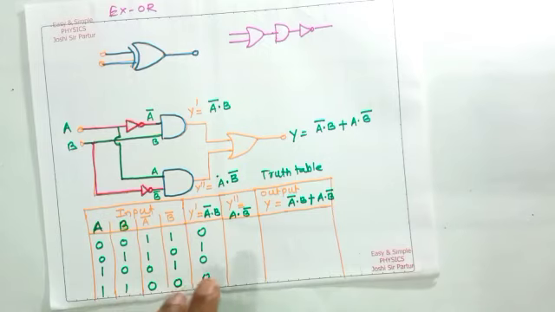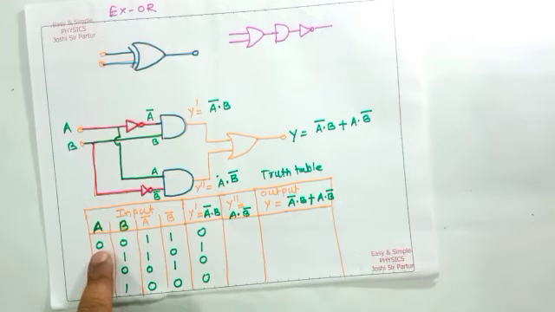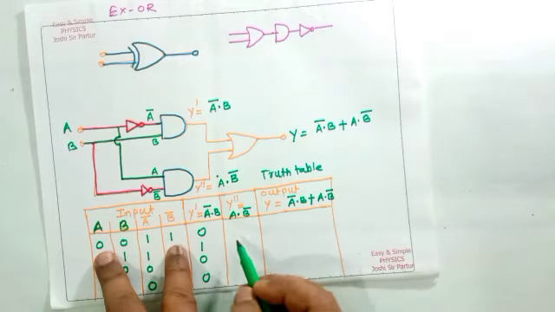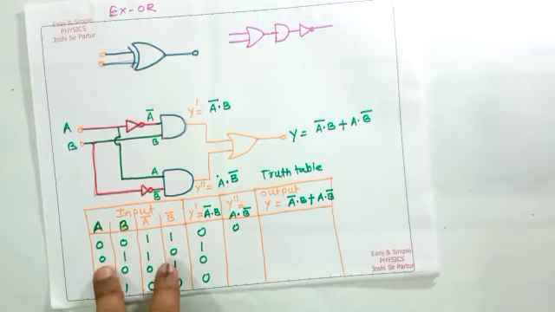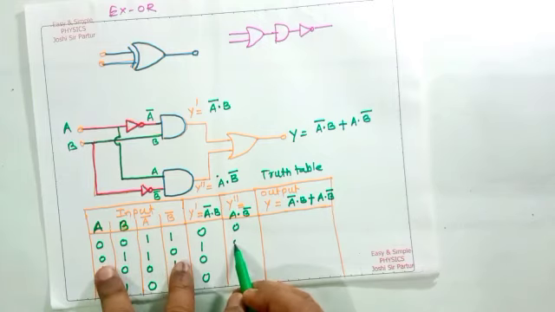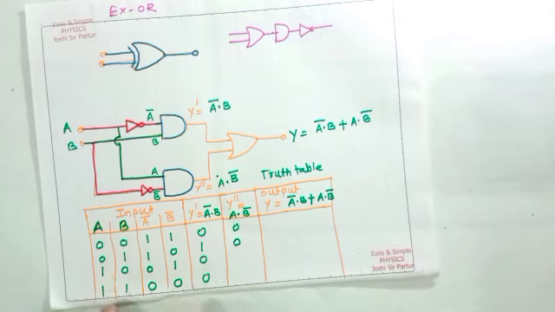See here, Y double dash, the output, it shows A complement B, it will be 0, A complement B, it also will be 0, A complement B will be high, that is 1, A complement B will be 0.